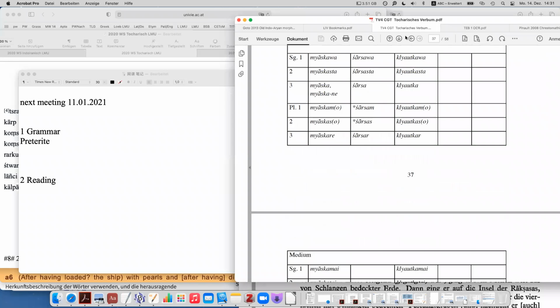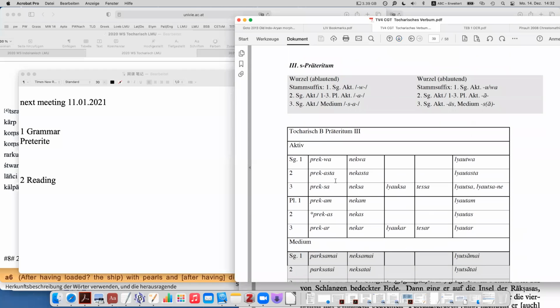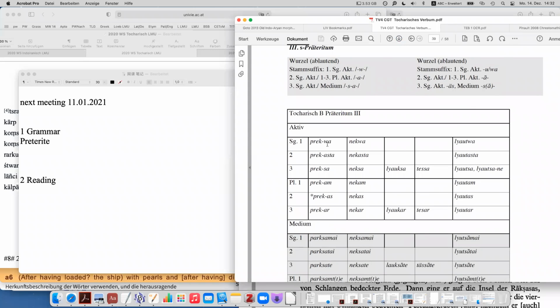And then the third one is called the S preterite. But pay attention, the S morpheme, you don't really find in every form. So for example, if we check this verb, plek, which means to ask, fragen, okay? So I asked, called plekwa, and then prakasta, and then plexa.